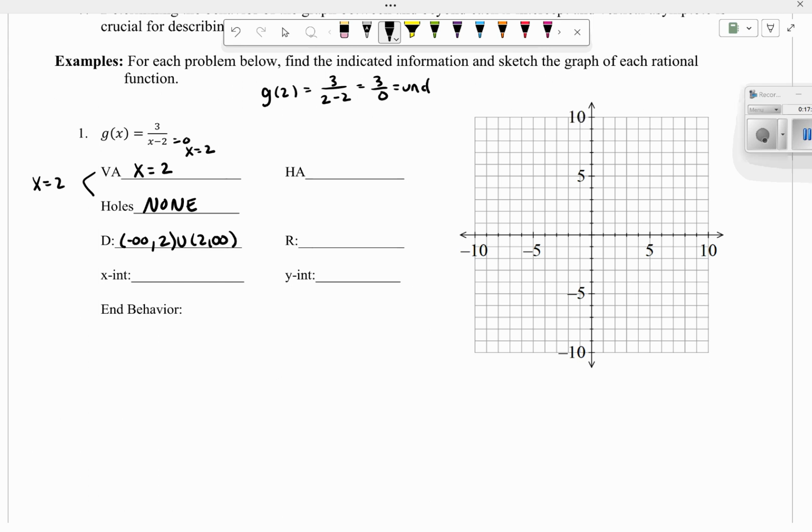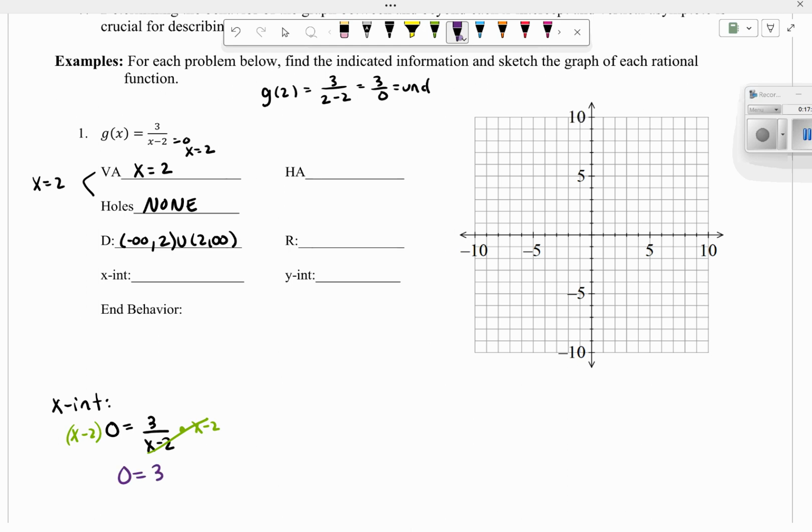Then if we want to find the x-intercept, we set the numerator equal to 0 and solve, as long as they're not zeros of the denominator. Or I guess I should say we set the whole equation equal to 0. When you do that, you multiply both sides by x minus 2, so that cancels out, and 0 times x minus 2 is 0.